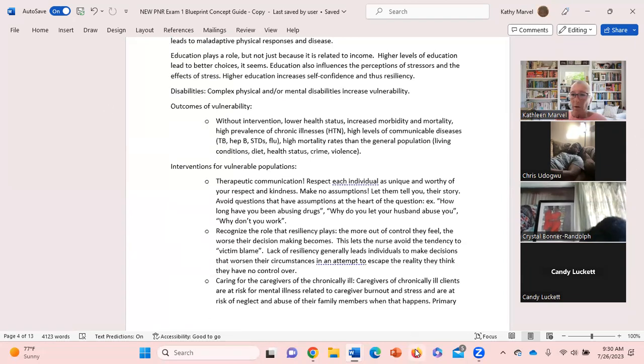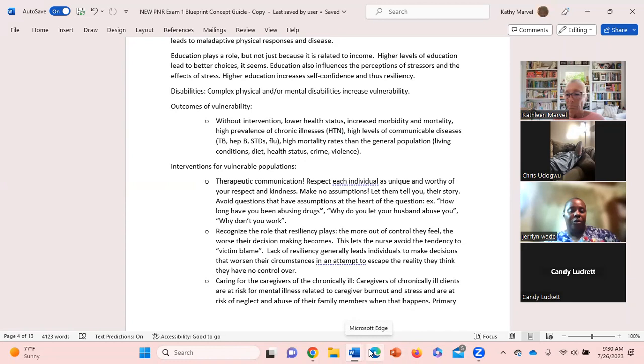Outcomes. What are the outcomes of vulnerability? We should start to have an understanding of that. What are some outcomes of vulnerability? Increased morbidity, mortality. What else? Communicable diseases. Increase in communicable diseases. Maybe higher poverty rate.